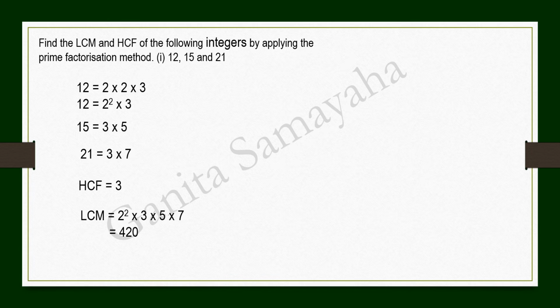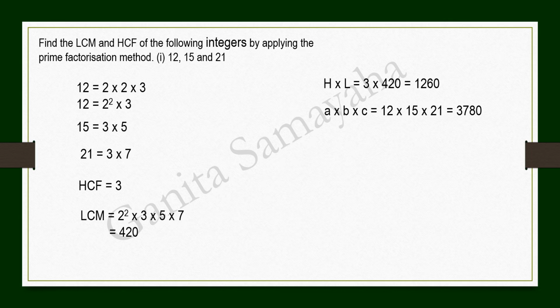Okay. Now let us find out H into L. H into L is 3 into 420, which is 1260. Now since we have got three numbers, that means we have got numbers A, B and C. Let us find out the product of A into B into C. We get here 3780. Are the two same, children? 1260 and 3780?